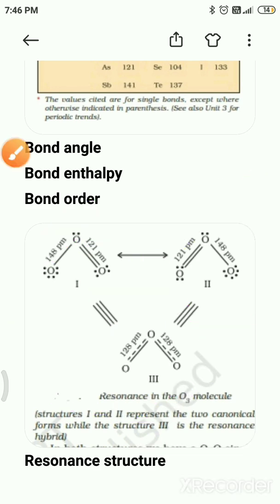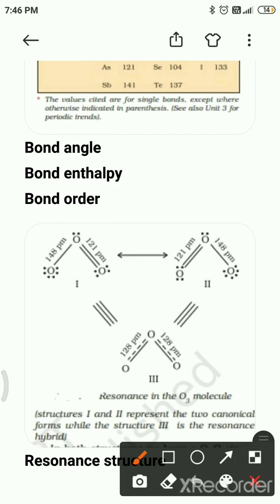The concept of resonance was introduced to deal with the difficulties in depicting the accurate structure of molecules like ozone, O3.